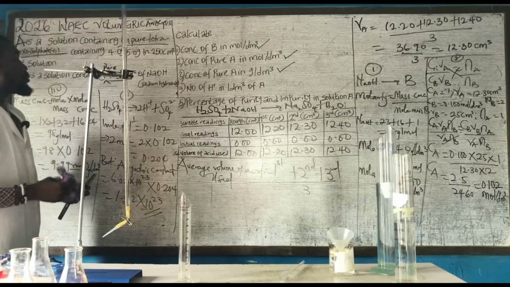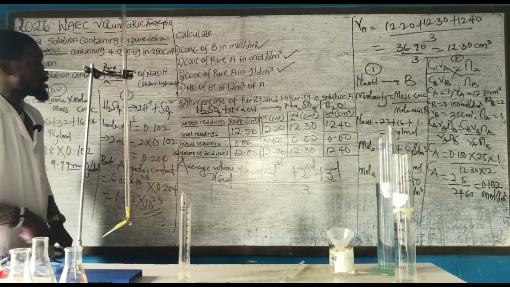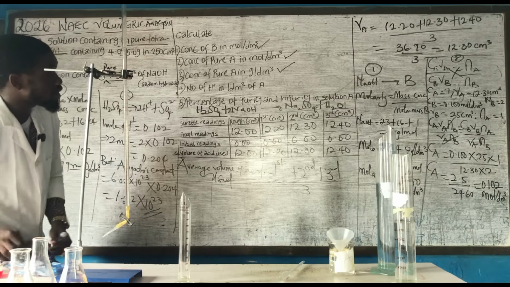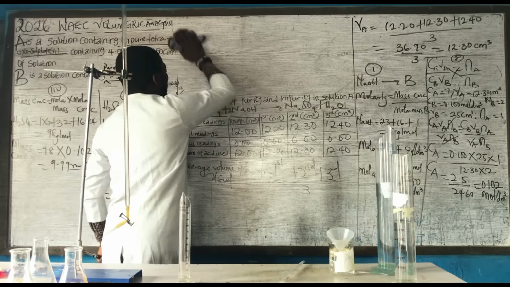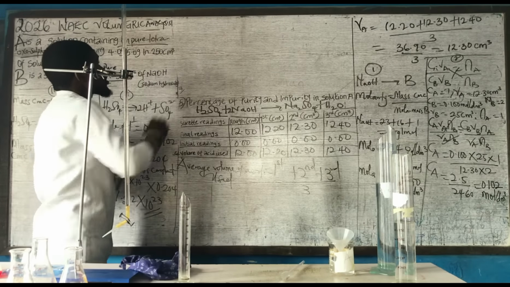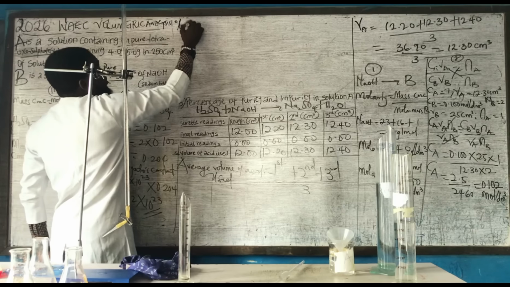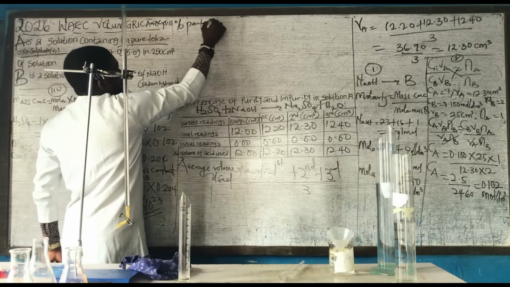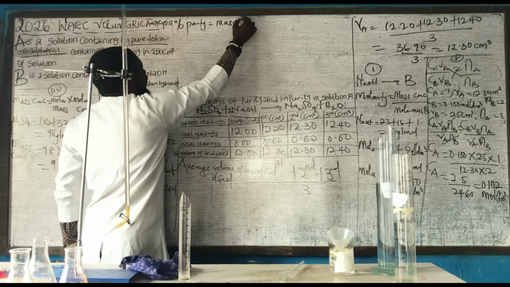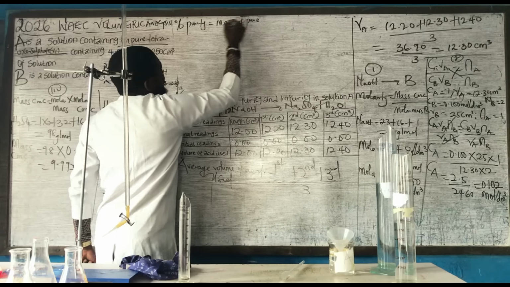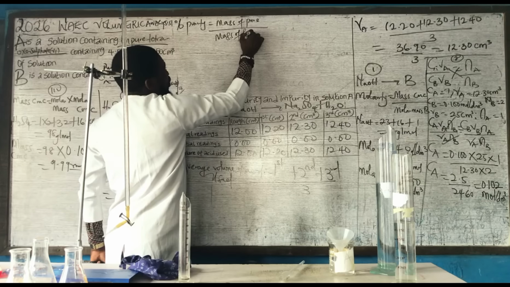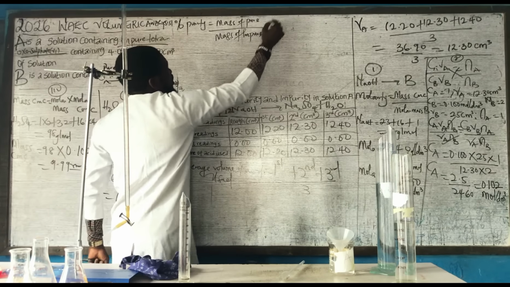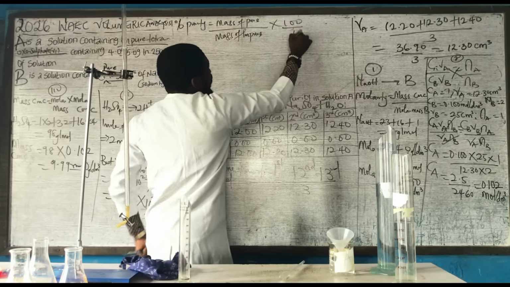Now, percentage of purity and impurity in solution A. How can we calculate this? You can say percentage purity is equal to mass of pure divided by mass of impure multiplied by 100 over 1.